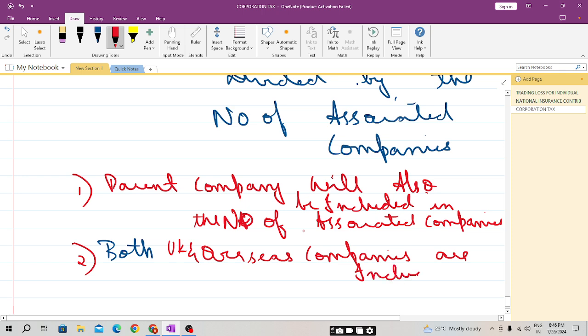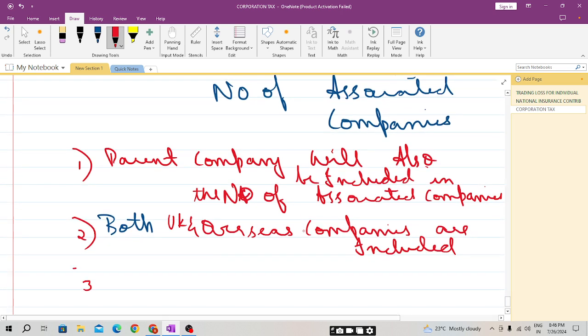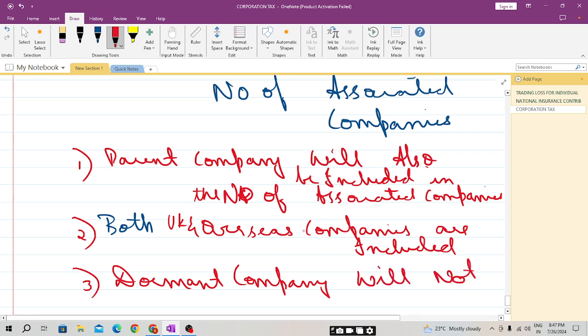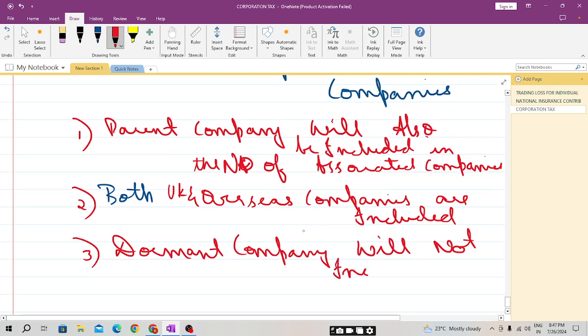That means if the company is an overseas associated company, it will be included. And the third point is dormant companies will not be included.